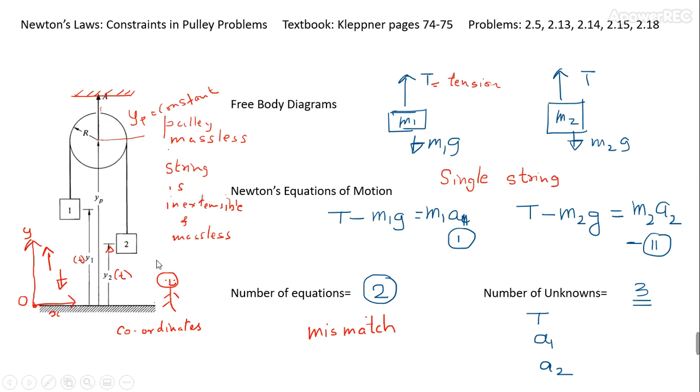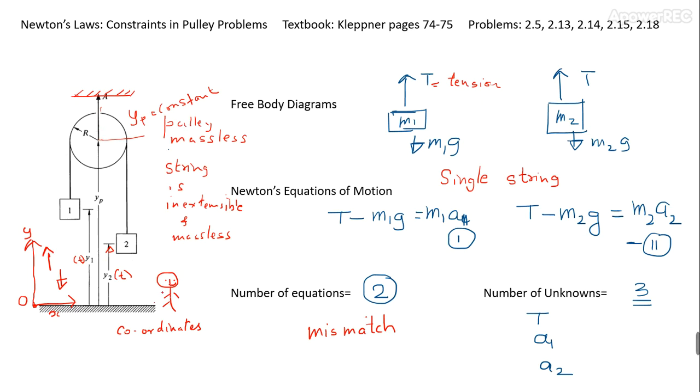Now, just by clear observation, in this arrangement, if A1, mass 1, goes up, which means that A1 is positive, then mass 2 comes down, which means A2 is negative, and vice versa. So the accelerations of A1 and A2 are related due to this arrangement, which I'm calling the geometric constraint.